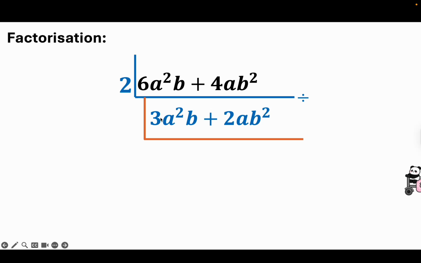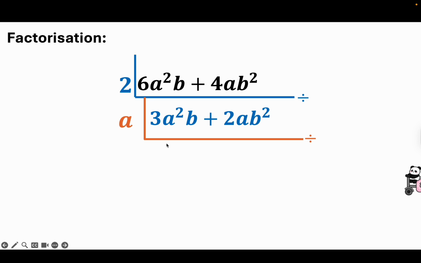Next step, we are going to deal with the letters. What letters do they both have in common? Start alphabetically. Do they both have a in there? Yes, they do. So we write an a here to indicate we are going to divide a from both terms.